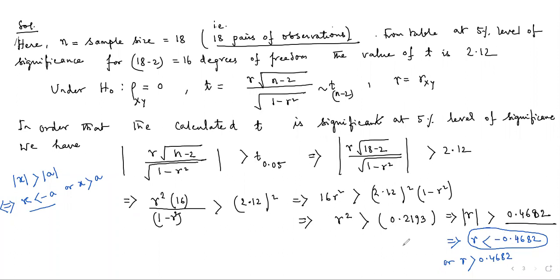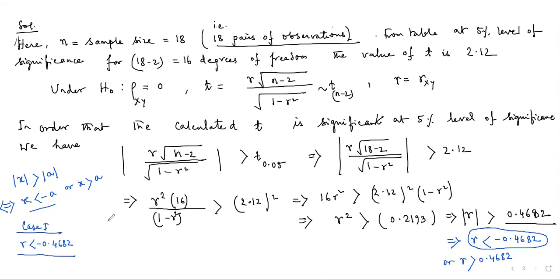Suppose I'm considering case 1 as r less than minus 0.4682, then we cannot say anything about the lower limit. We know that it should be -1, but it is not. We are not sure about the lower limit here, so case 1 will not be considered because it is open-ended.